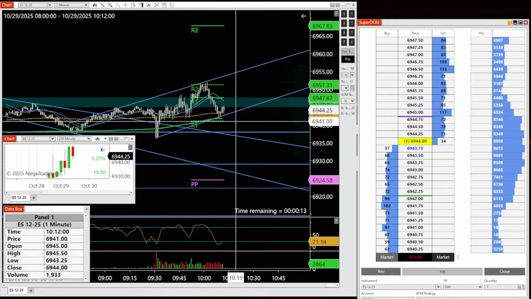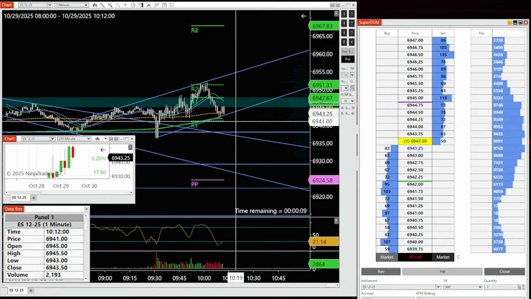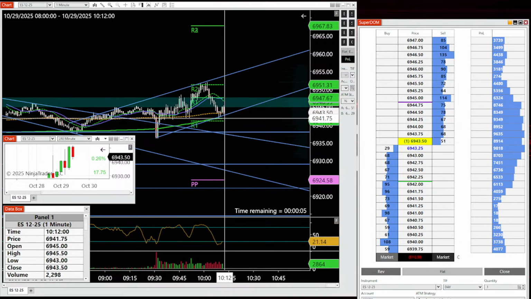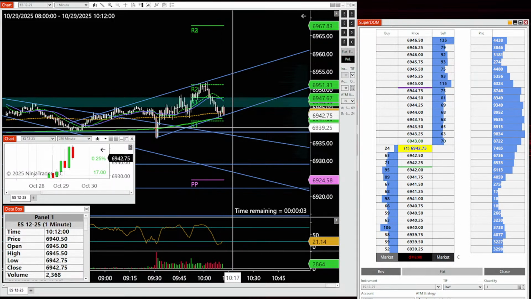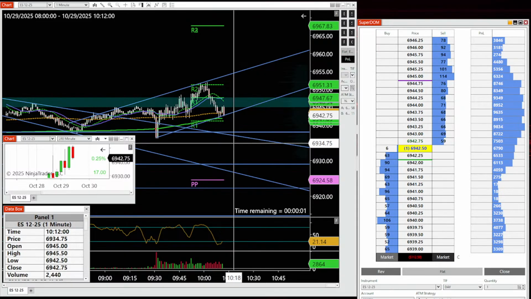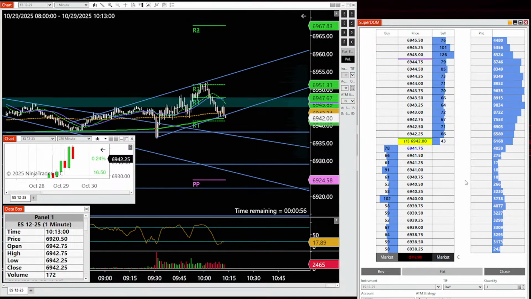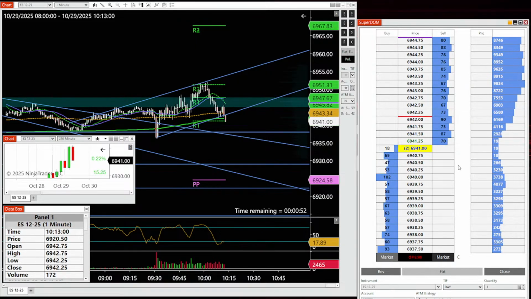It's possible. 32. Shoulders, head, and shoulders. 10-point drop. Is it worth taking? Break of 40, it may be worth taking.